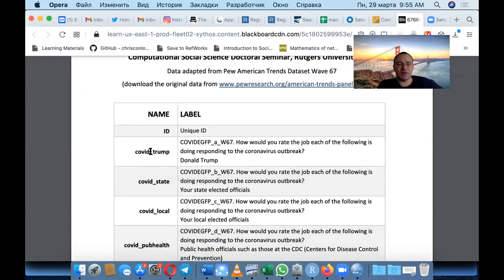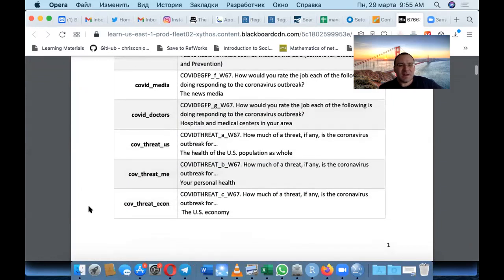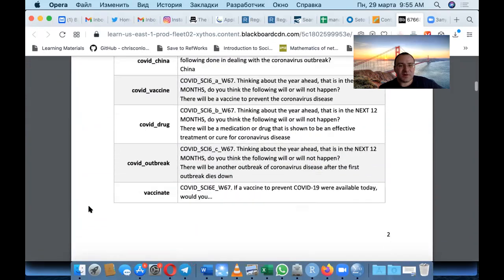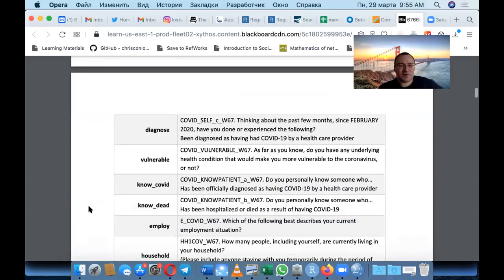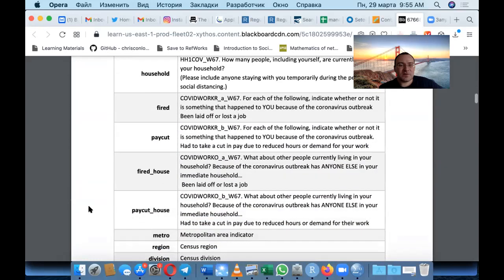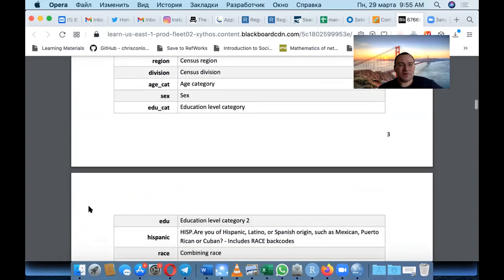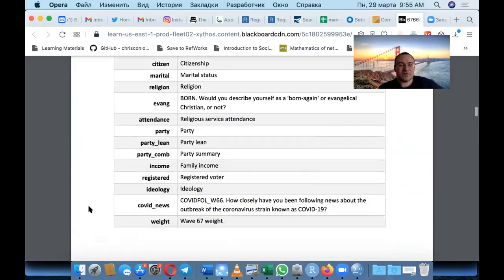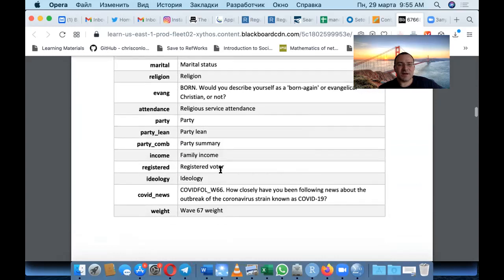So you see a COVID term variable, this is the question: how would you rate the job Trump has done on COVID? And you will look at ideology somewhere. Yeah, ideology.